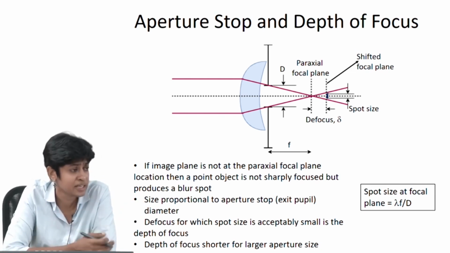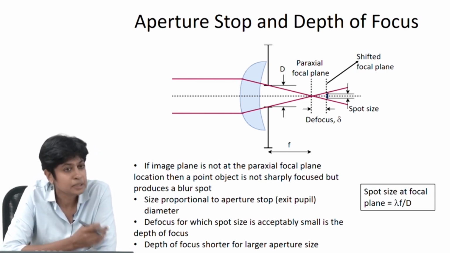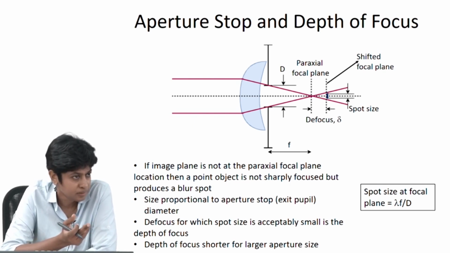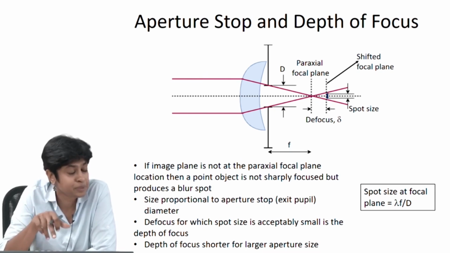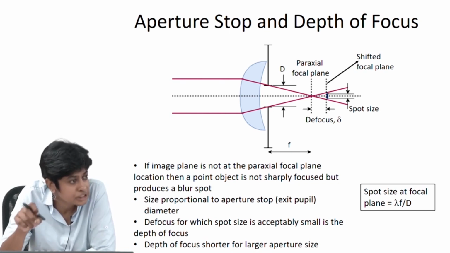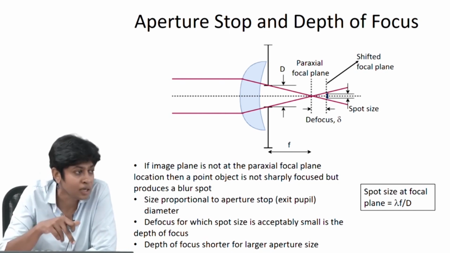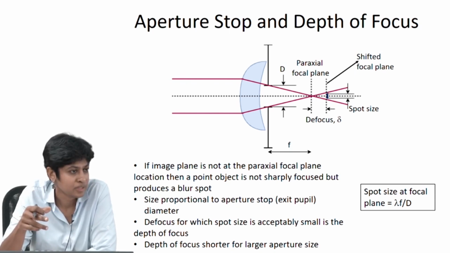There's now a finite spot size, right? It may be that this blur, this is what is blur, but it may be that this blur is still acceptable. My eye will not see this as blur. It's larger than a point, but it's smaller than what starts impacting my vision, right?